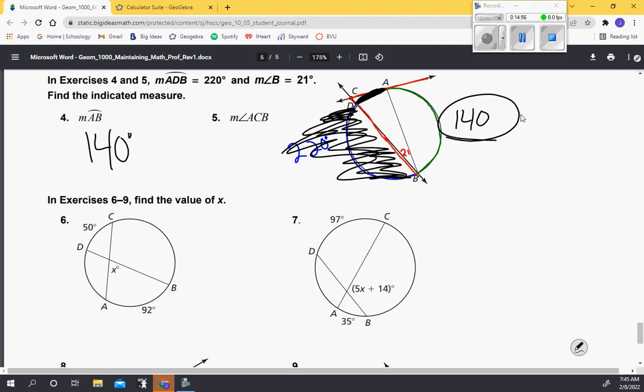To find that, you take your angle, 21, multiply it by 2, and you get 42 degrees. That's what we did yesterday, in 10.4.